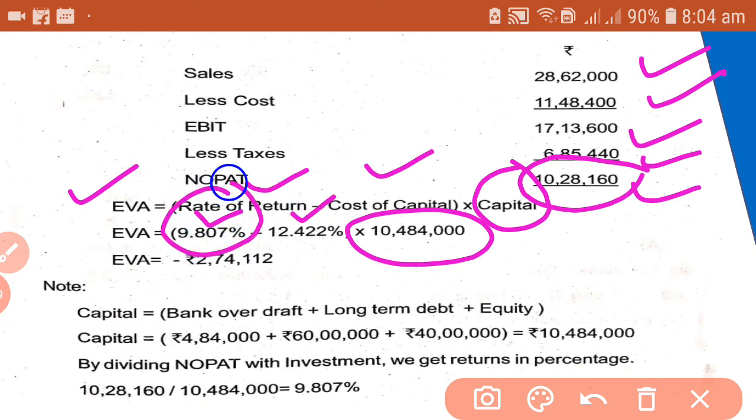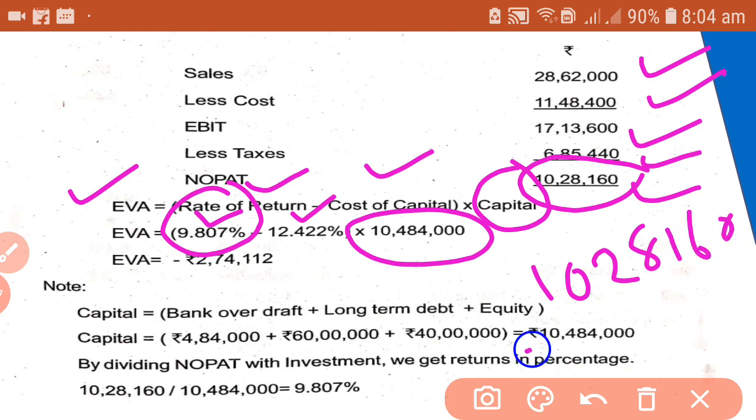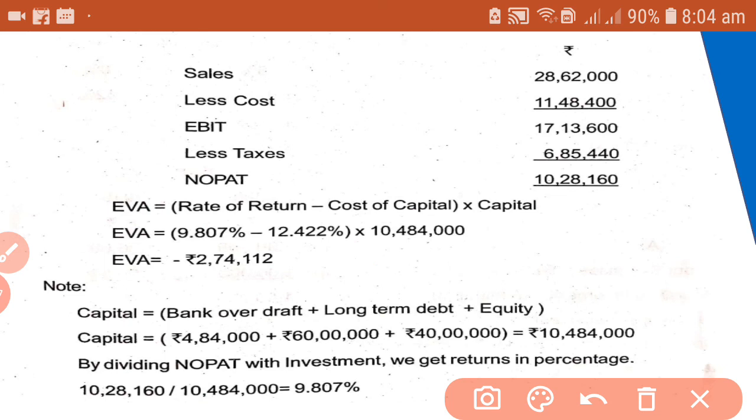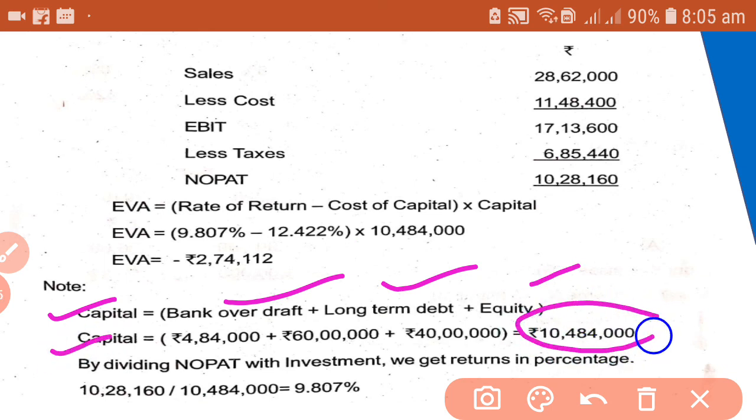How will we get this rate of return? Rate of return here is NOPAT 10,28,160 divided by the capital amount 104,84,000. Capital includes bank overdraft, long term debt and equity.